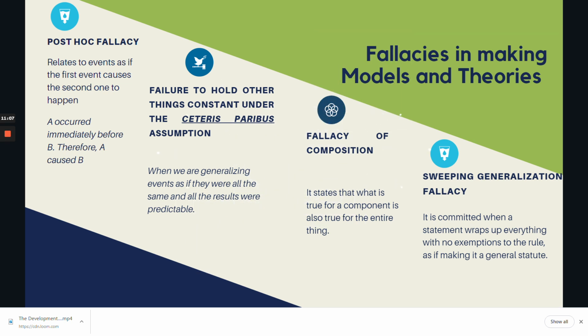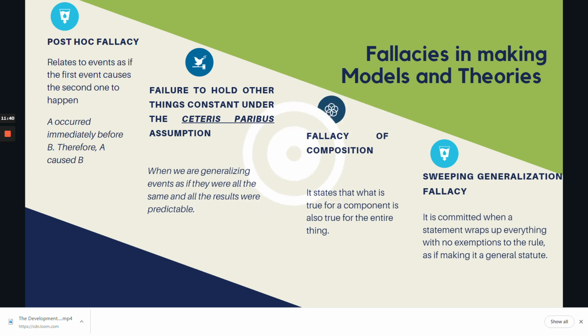So Mr. A won the lottery and then became a successful businessman. So therefore, everyone who wins the lottery will become a good businessman. So that's the fallacy of composition. What is true in one component is treated as true for the whole. If it is true in Kabadbaran, it would be true for all of the Philippines, which is a false or wrong notion.